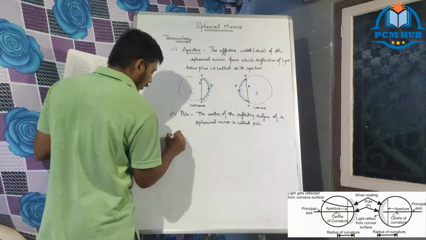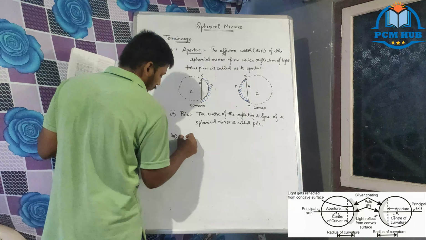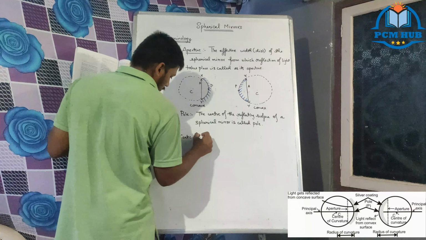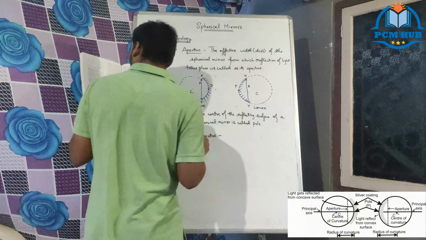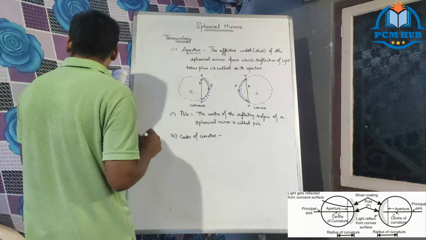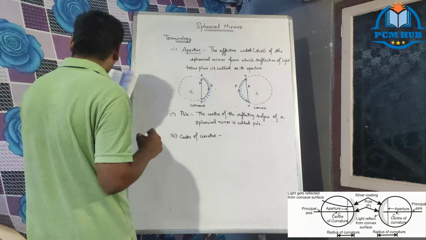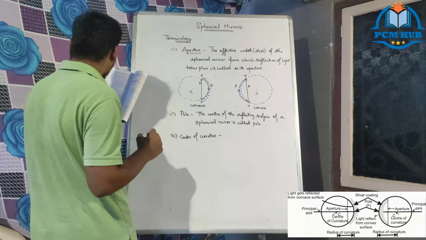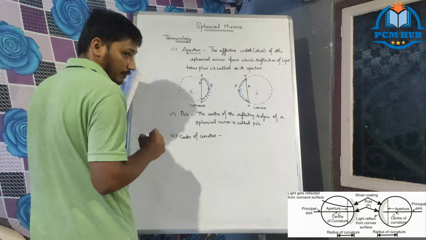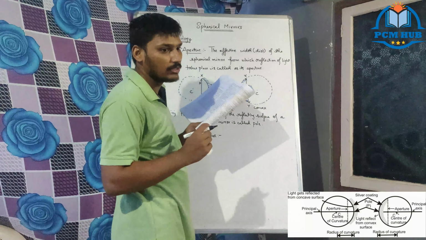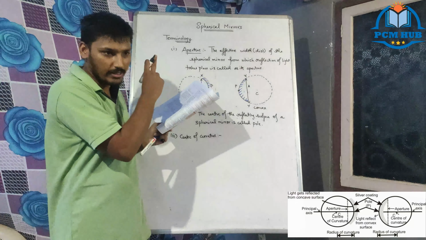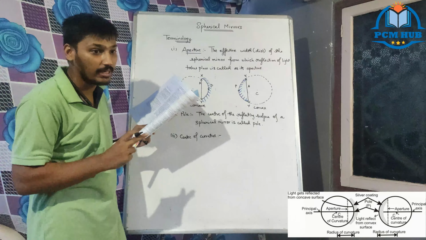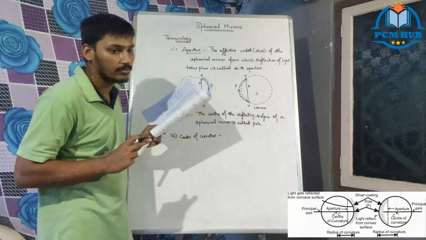Next, center of curvature. Very, very important. Center of curvature. Already I told: the geometric center of the hollow sphere of which the spherical mirror is a part. That means the geometric center means the actual center. Already in the main diagram I drew that center. That is the center of the curvature.